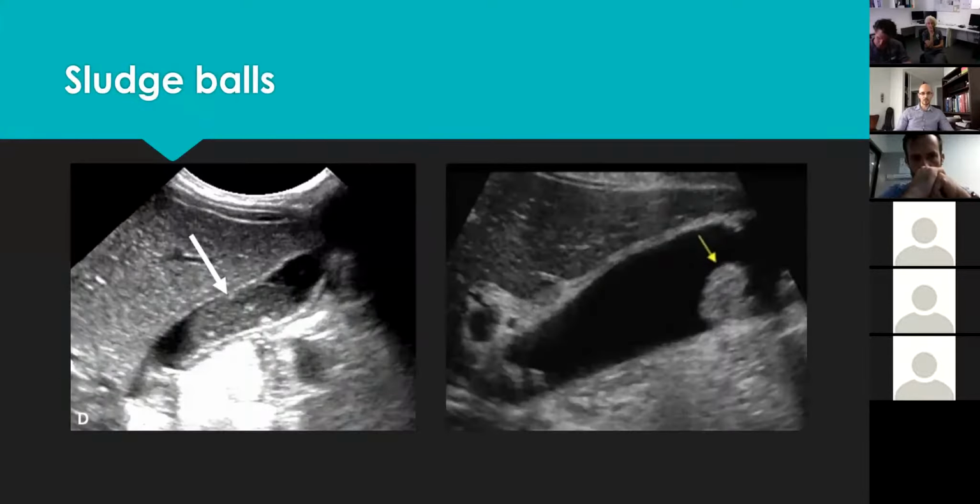Some subtypes of sludge can be a sludge ball, so it can actually accumulate and become a bit denser and look like a ball, which can actually resemble some kinds of polyps. We'll see polyps later on. Big polyps can actually look like that. Obviously, if you put a Doppler on, the polyp usually has flow in it, but the sludge wouldn't have any flow in it.